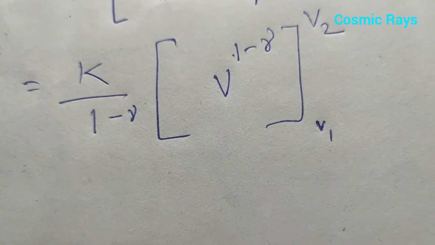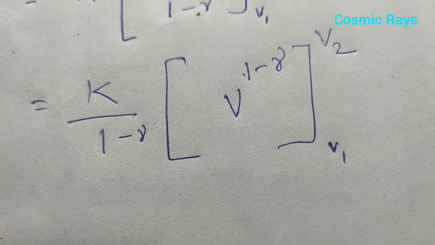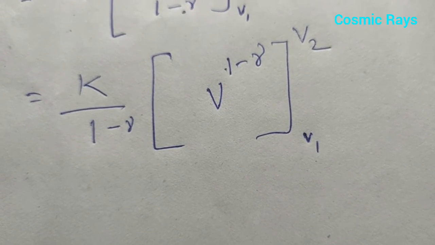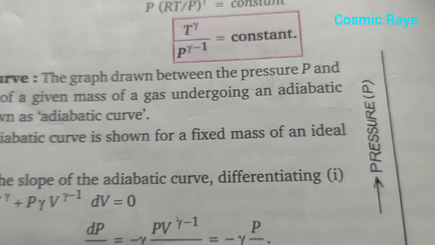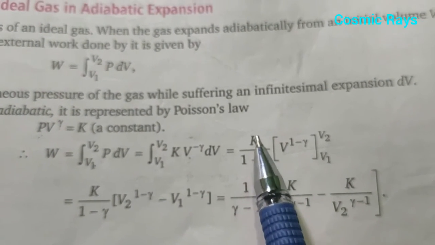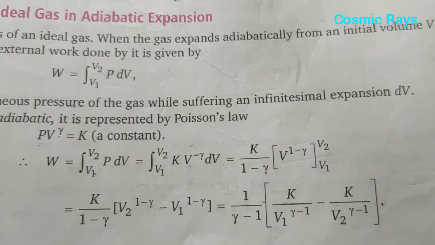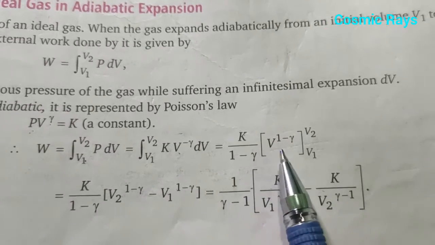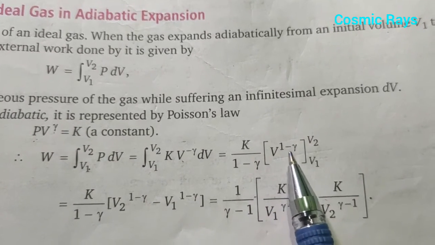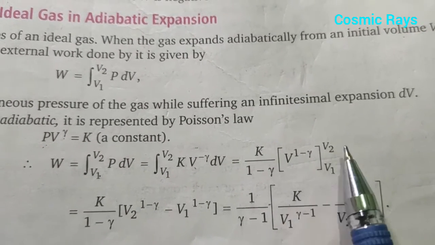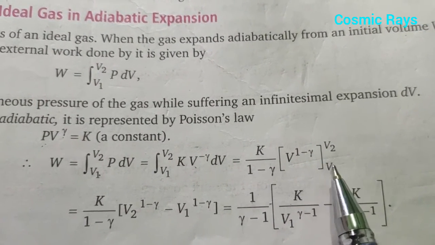Now we will simply substitute the limits. After we substitute the limits, what we get is this term. So this is how we have got K by 1 minus gamma, and V to the power 1 minus gamma, with limits from V1 to V2. When we substitute the limits, first we substitute the upper limit minus the lower limit.